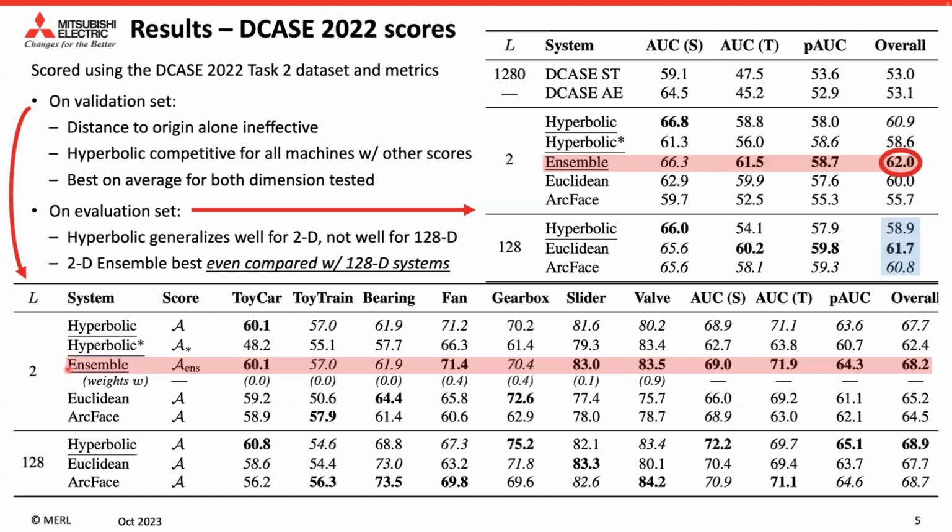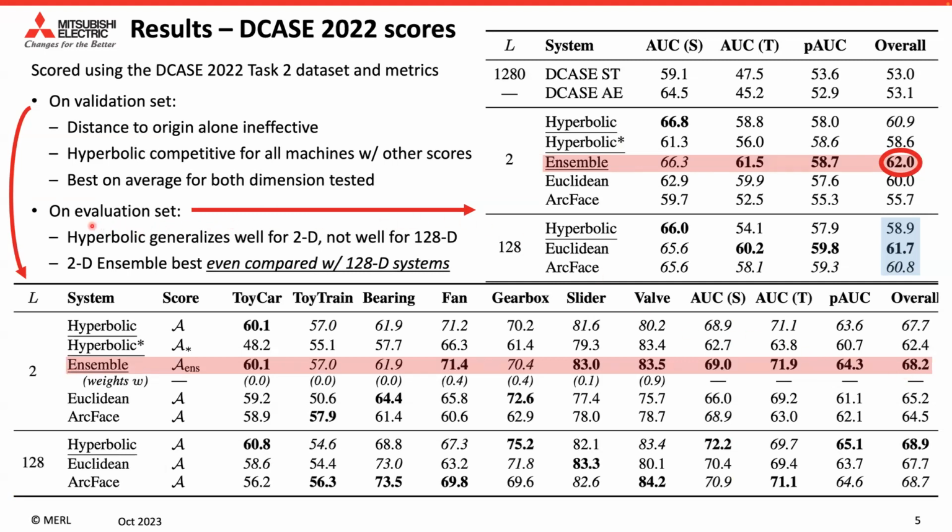However, it is combined quite advantageously with the original baseline score. Furthermore, we can observe that for both 2-dimensional and 128-dimensional systems, the hyperbolic representation scores best.